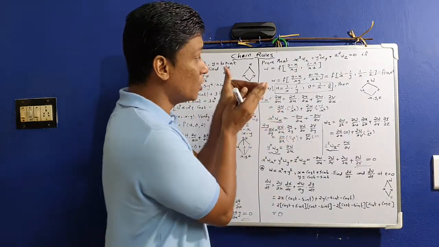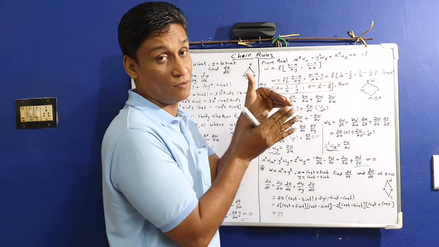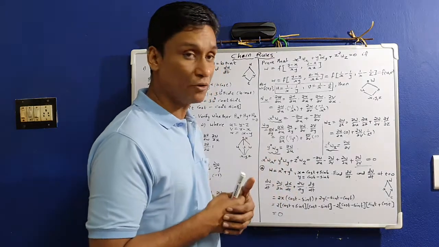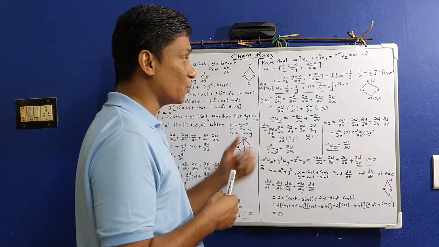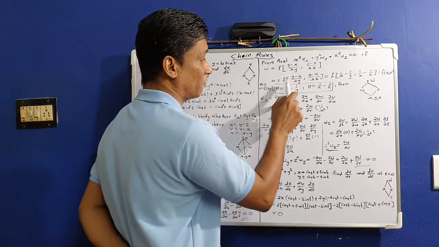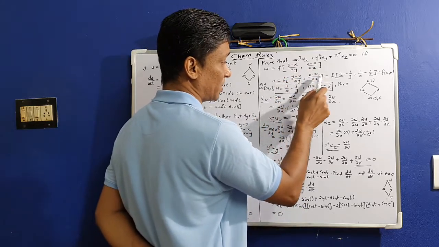Before that I have to convert the given problem so that the chain rule can be applied. Now how can you convert the given problem? In this case, you have to substitute for these two functions. w equal to f of (y minus x) by xy, (z minus x) by xz.